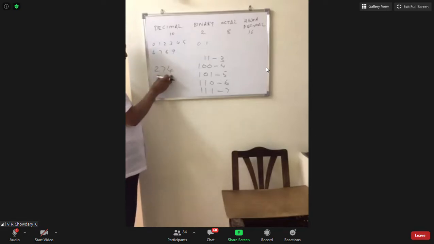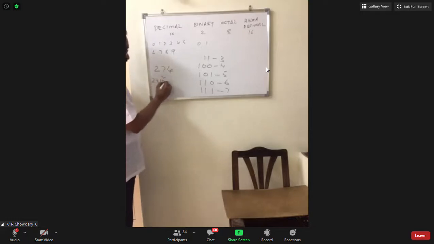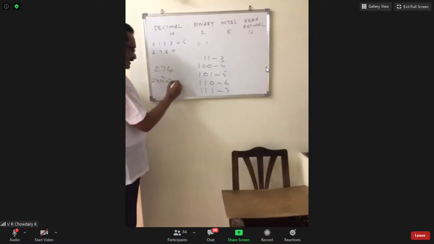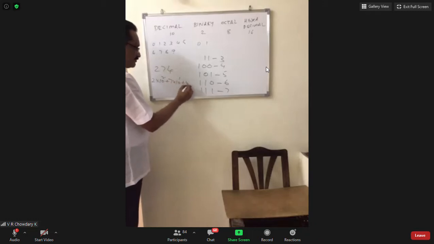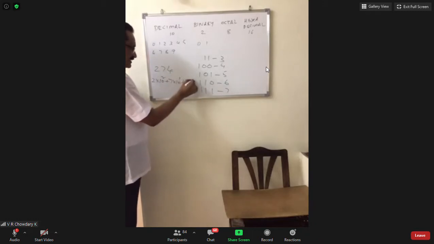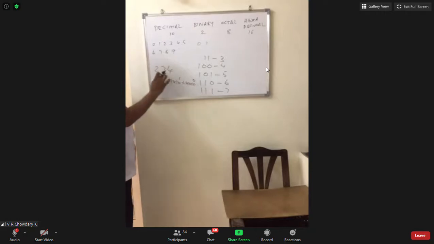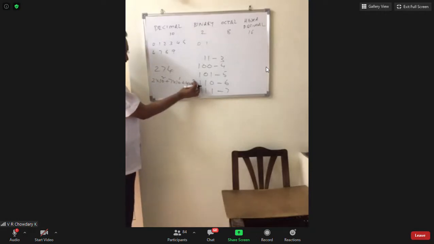So this one also can be written as 2 multiplied by 10 to the power of 2 plus 7 multiplied by 10 to the power of 1 plus 4 multiplied by 10 to the power of 0. So this is the weight of the units digit, this is the weight of the tens digit, this is the weight of the hundreds digit.